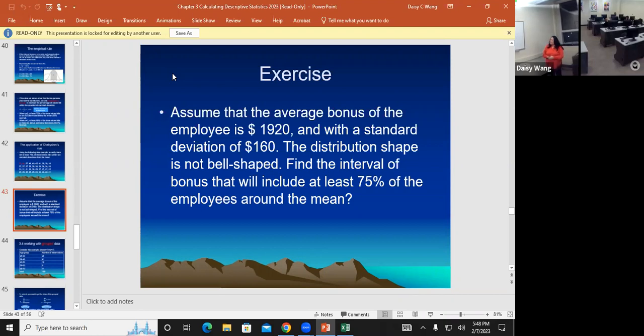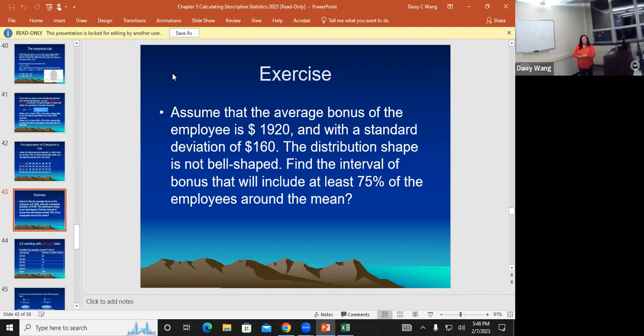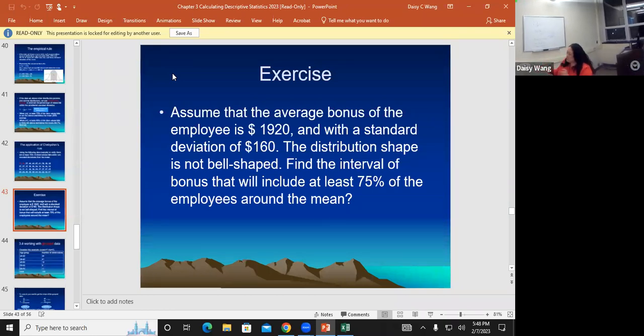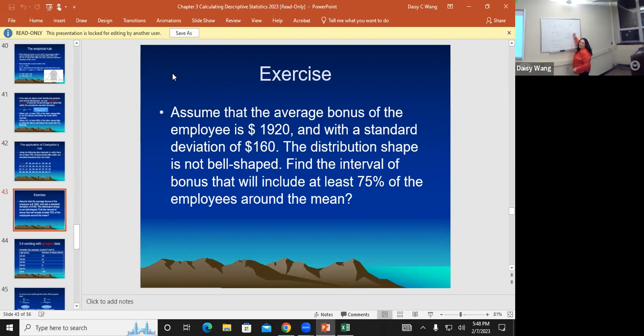So if I ask you, what about 89%? What range would include 89% of the employees? Z equals 3.